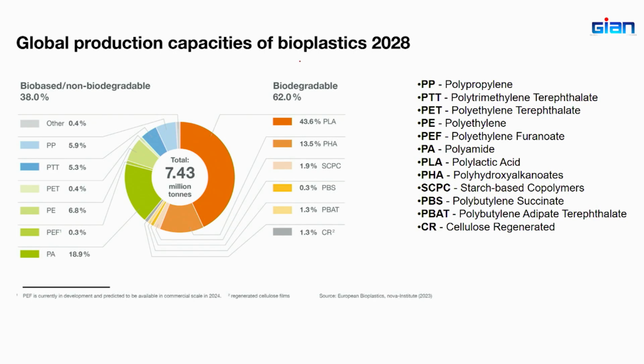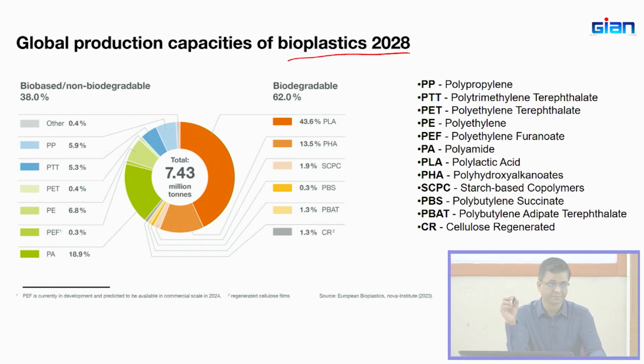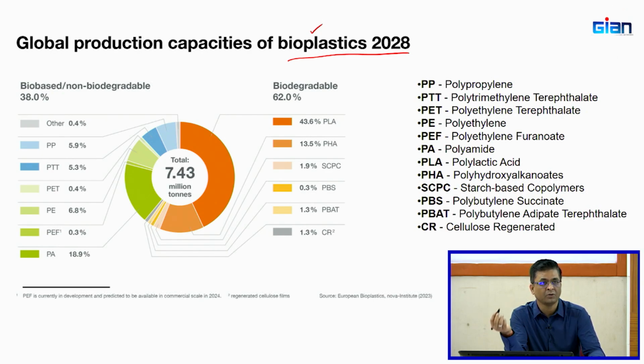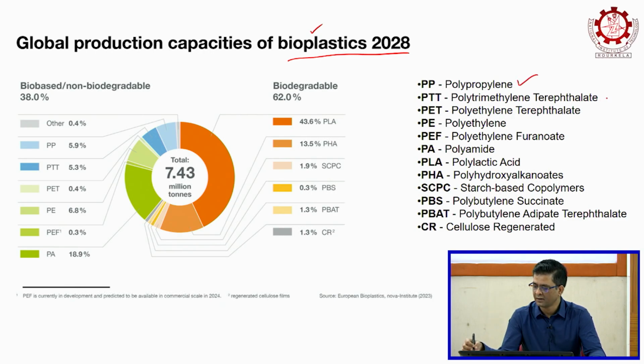When it comes to bioplastics, that is plastics of biological origin, it is changing from a plastic or chemical economy to a bioeconomy. If you see the number of different types of packaging material, polypropylene, PTT, PET, these are all in use.